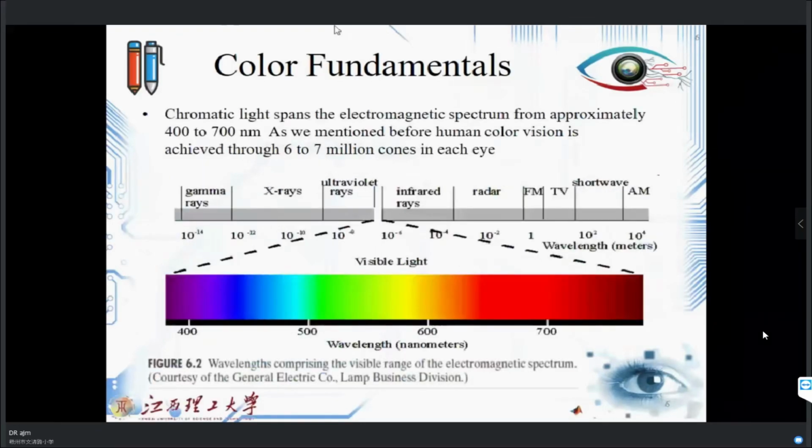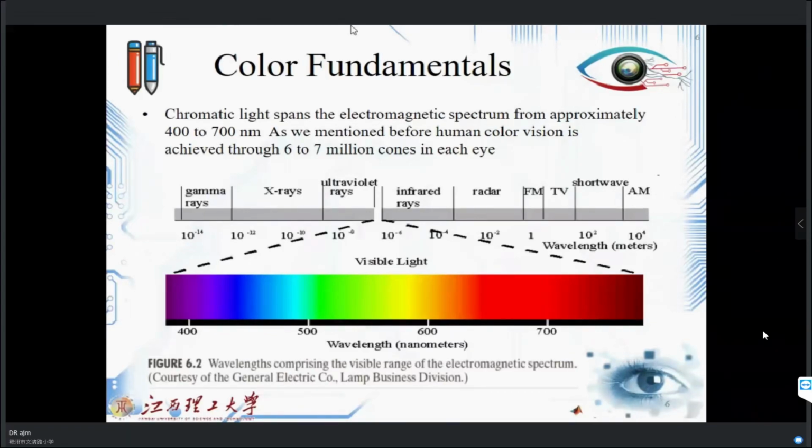If we want to see the wavelengths in the nanometer range, we can see this range of color. Chromatic light spans the electromagnetic spectrum from 400 to 700 nanometers. Our visible range involves around 6 to 7 million cones in each eye.